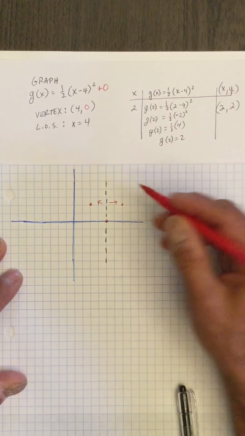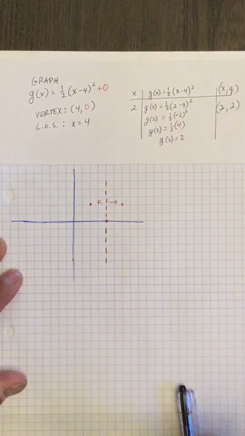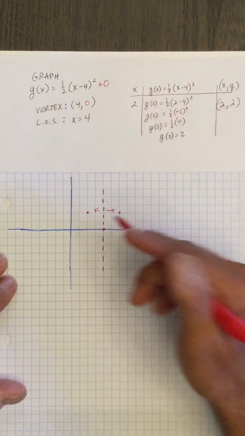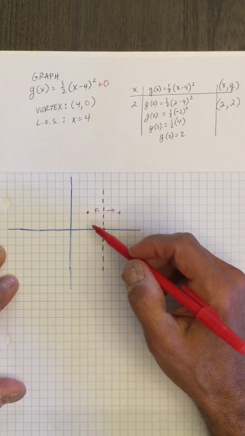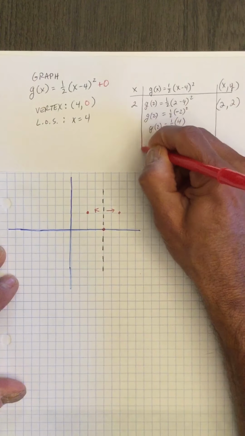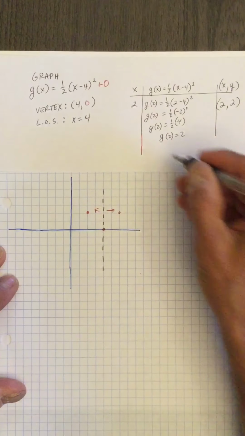So you can already see the shape of my parabola, right? Now, some people like kind of stop there, but I'm going to try another point. Let's try to put in a 1 and see what happens if we put a 1 in.